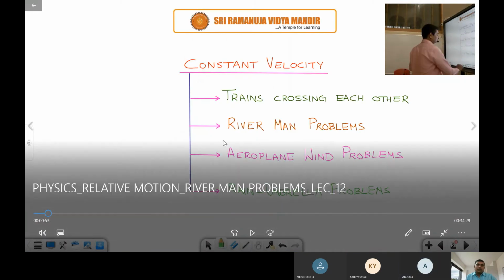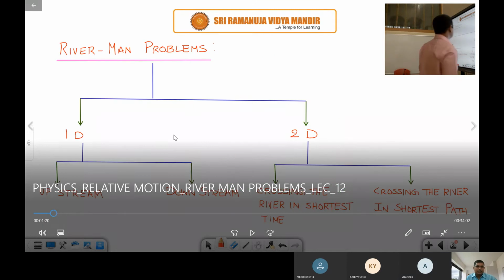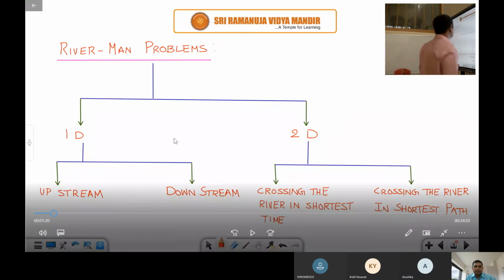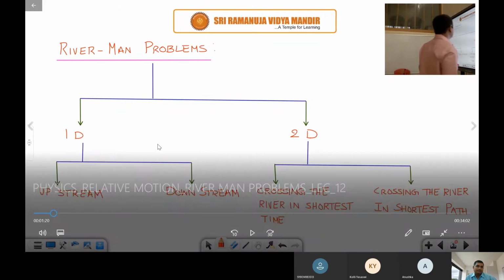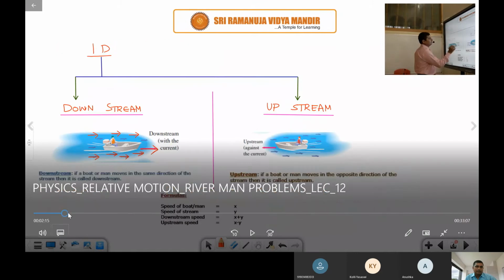Now the next model in constant velocity is river-man problems. This has both one dimension as well as two dimensions. One dimension is upstream and downstream. Two dimension is crossing the river in shortest time and crossing the river in shortest path. Now upstream and downstream, I think you are familiar.